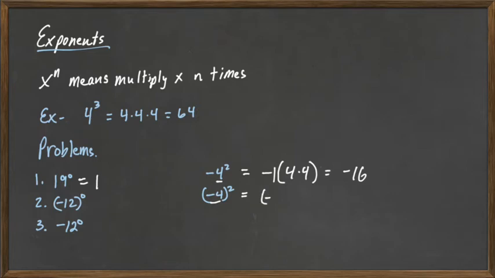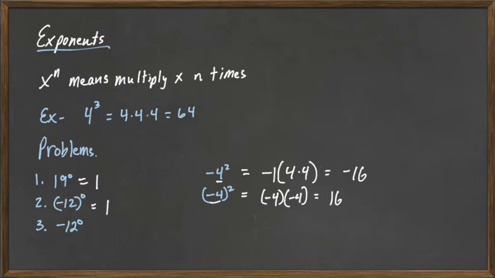Now, in the other case, the base is everything inside the parentheses, and so here we're squaring negative 4. So we're going to multiply two negative 4s, and we know a negative times a negative is a positive. So you can see it's important that you know what your base is. We get two different answers with these, just like we will on number 2. So on number 2 here, we're going to take negative 12 to the 0 power, and we know anything to the 0 power is 1.